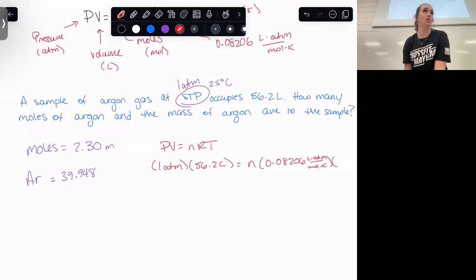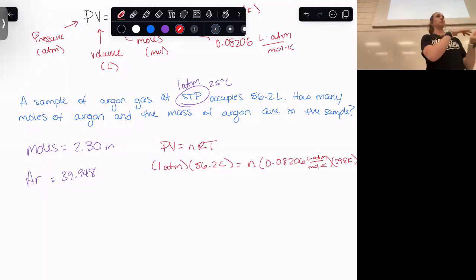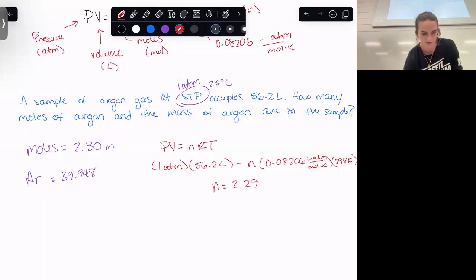And temperature, I told you was 25, but it's actually wrong. It is 0, but for the sake of this, it's going to be 298 Kelvin. So if you solve this, you end up with 2.297, I believe. So that can go to 2.30 moles of argon.